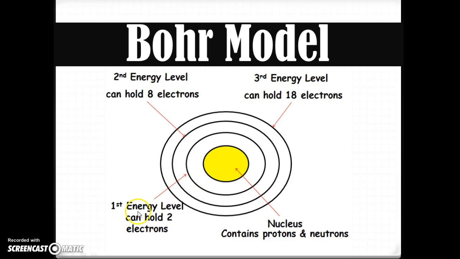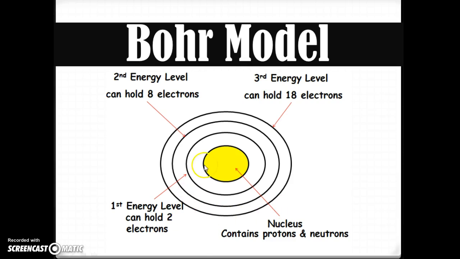The first energy level, which is the level that's closest to the nucleus, can hold up to 2 electrons. The second energy level can hold up to 8 electrons. And the third energy level can hold up to 18 electrons.